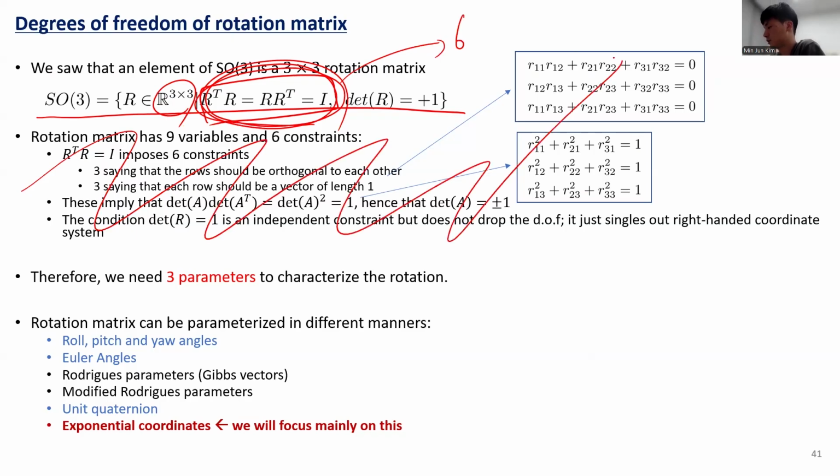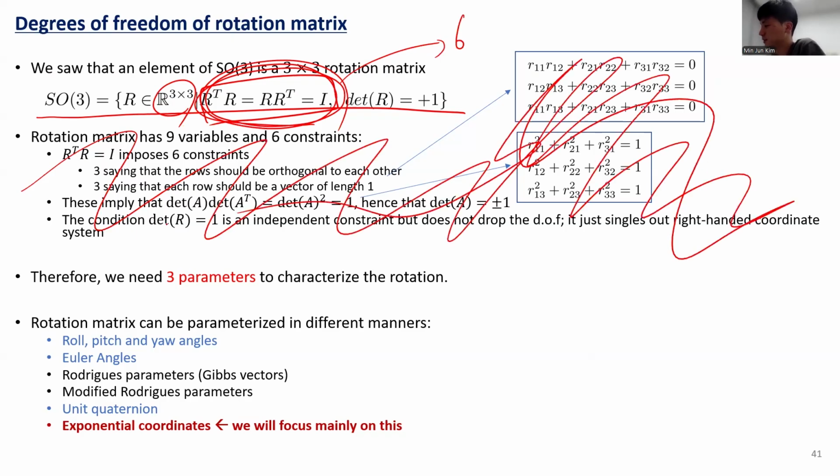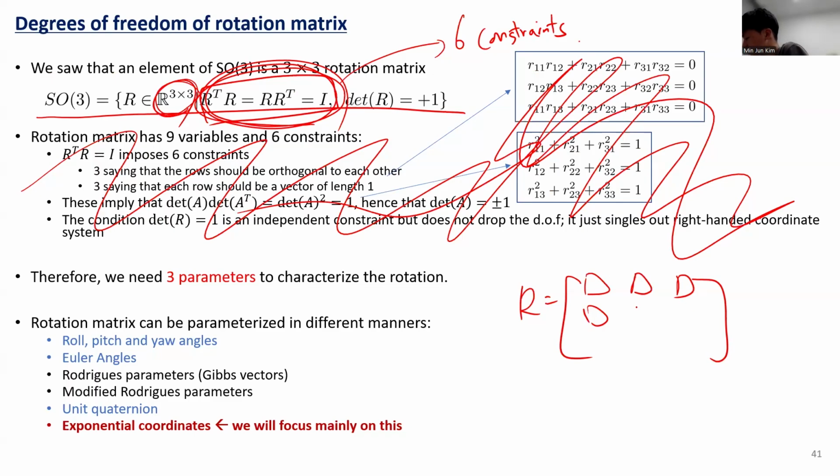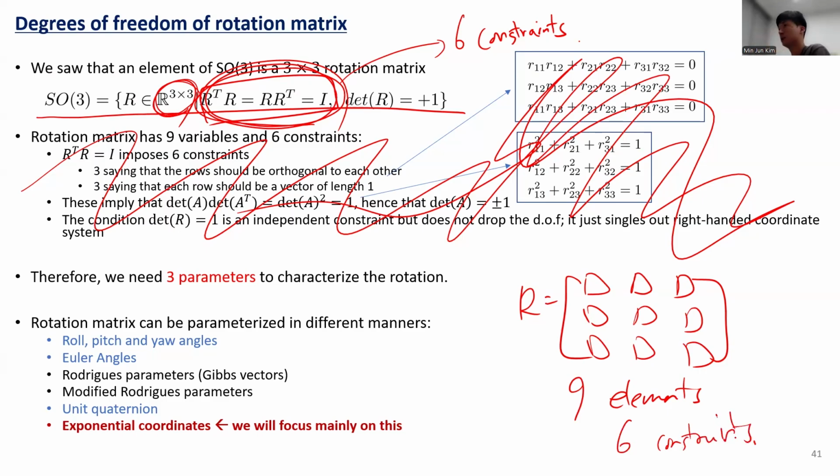Okay, 6 constraints. This 3 by 3 rotation matrix has 9 elements, so it has 9 degrees of freedom, but 6 constraints. How many degrees of freedom do we have? We only have 3 left.